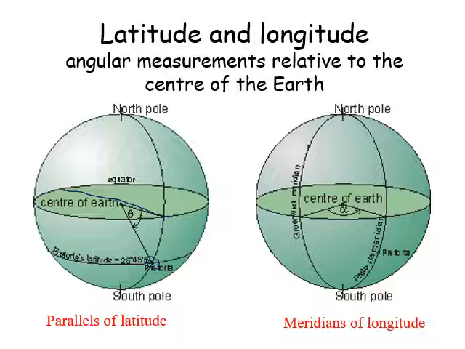Now, angular measurements for meridians, so for longitude, are given relative to the prime meridian, which is in our case the Greenwich meridian, which goes close to London, and you can actually measure either east of it or west of it. Now, for the latitude, you can go all the way 90 degrees up to the North Pole or 90 degrees south to the South Pole.